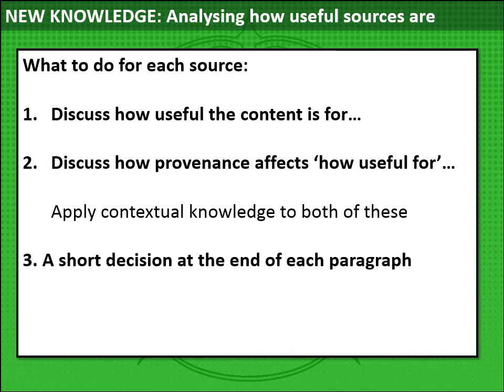The first section, we talk about the content of the source, the stuff we can actually see. Secondly, we then discuss the provenance of the source and how that affects the usefulness of the source for the inquiry that we have. Now, to do both of those successfully, we pull in our knowledge as historians. I'll show you how that works in a moment.